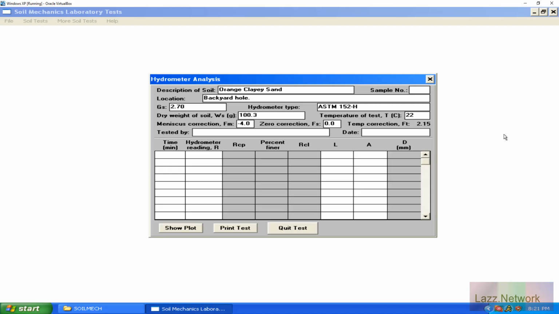Let's say, for example, you fill up your cylinder with plain distilled water and you put your hydrometer in and you notice that's weird, because technically your hydrometer should be right at 0 because there's nothing in the water to displace it whatsoever.